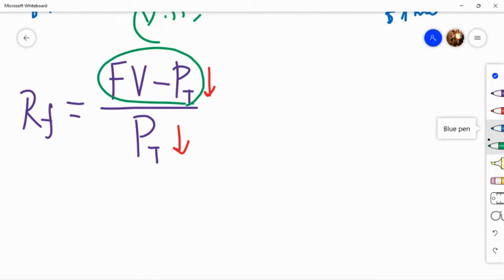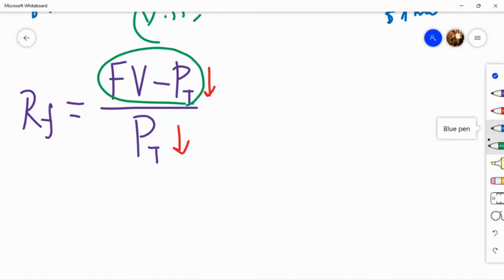Student: It will go down. Teacher: It goes down? No, why would it go down? No, it cannot go down. Selling price goes down, but what about the face value?